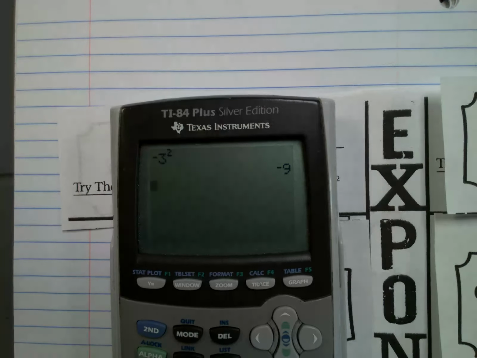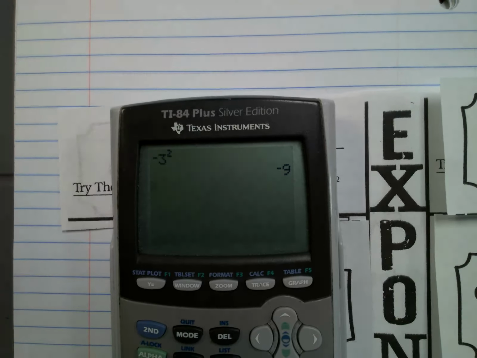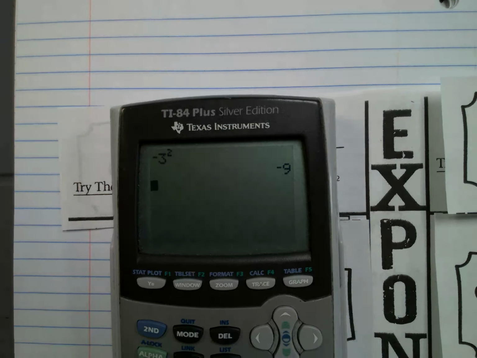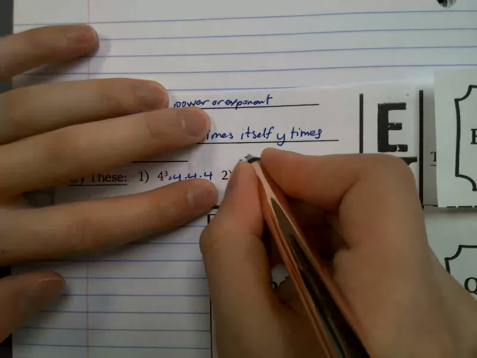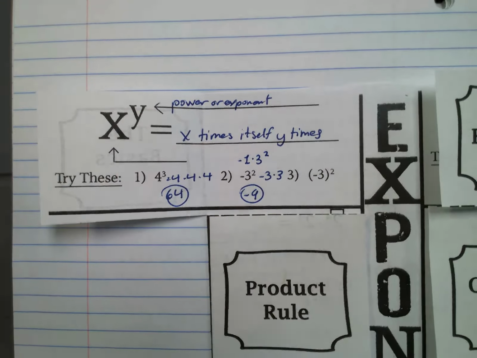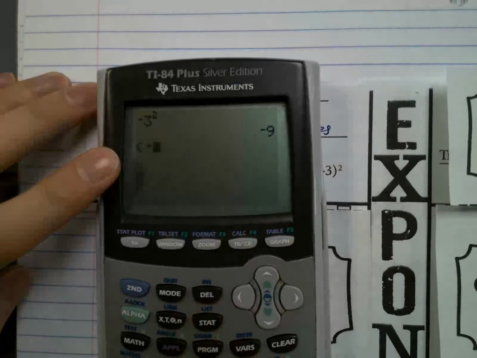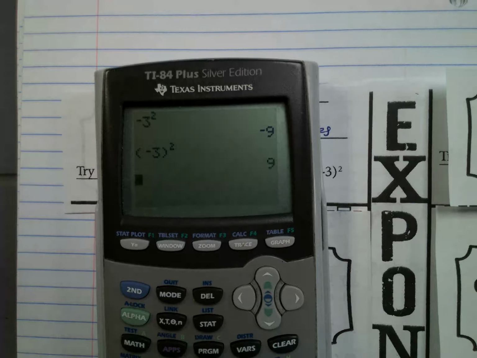And you should be asking yourself, wait a minute, but if I square negative 3, doesn't that mean I have 2 of them? You do, but the problem is the negative isn't tied to the 3. It's out in the front of it. So what really is written there is this. The correct way, if you want to get a positive out of that, is you have to put it in parentheses.